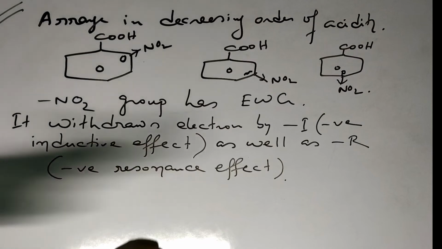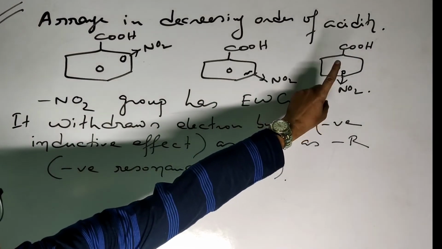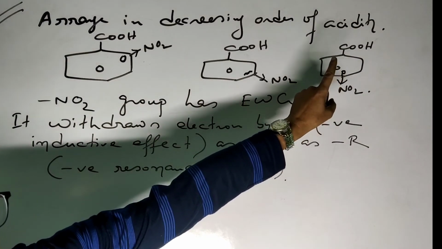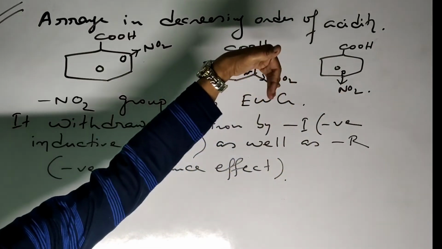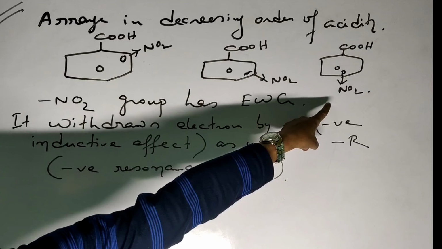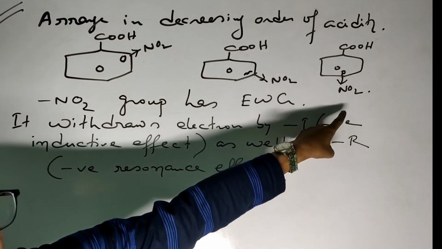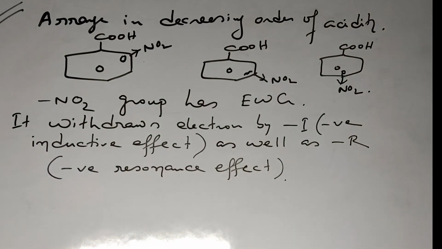And remember it, the resonance effect is the highest at para position always. Whether it is electron donating or withdrawing, resonance effect has the highest extent at para position. Write it, okay. I will erase it.